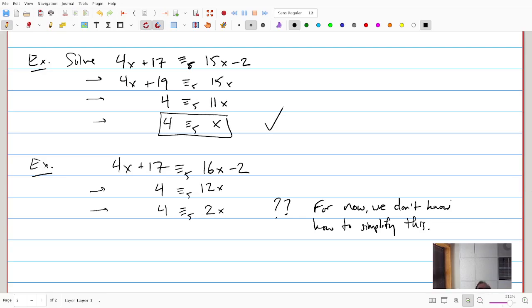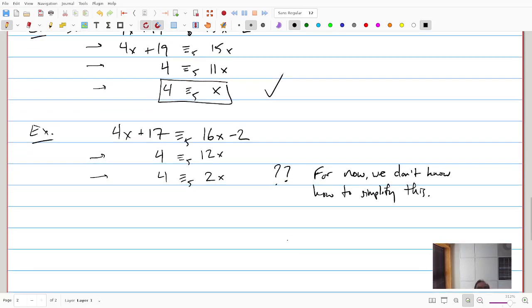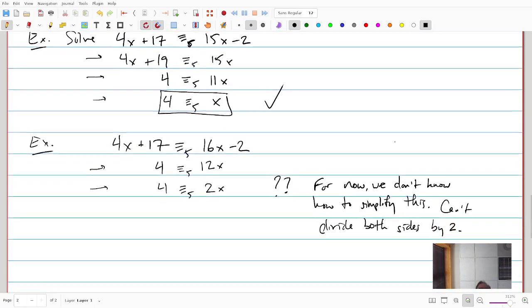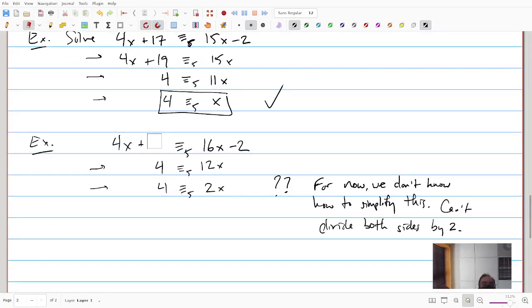You tried some examples, but not in general, where we can't divide both sides by 2. And actually, maybe a better example, if I change this number slightly, I changed it to 16.